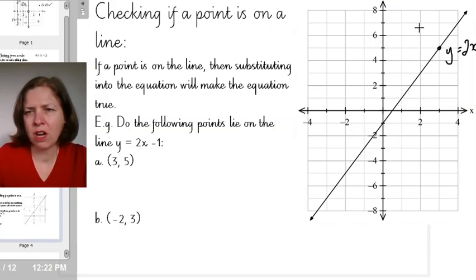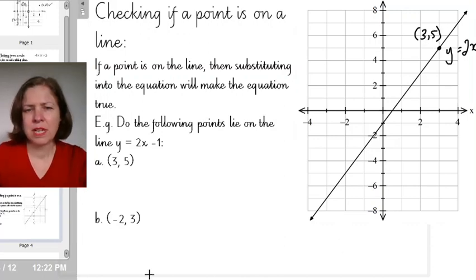It's definitely on the line. Let's look at my second point, negative 2, 3. We go to the left to negative 2 and up to 3. I got tricked then. There it is. Negative 2, 3. This point does not sit on the line, okay?